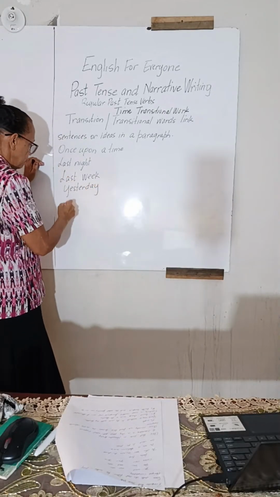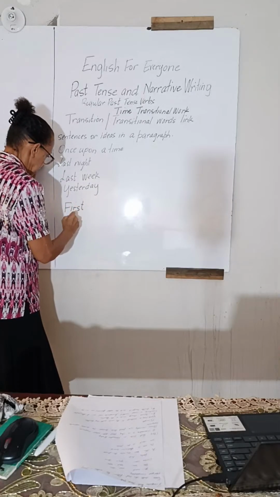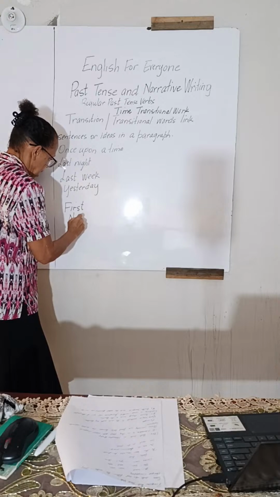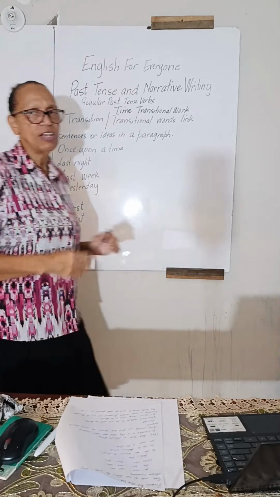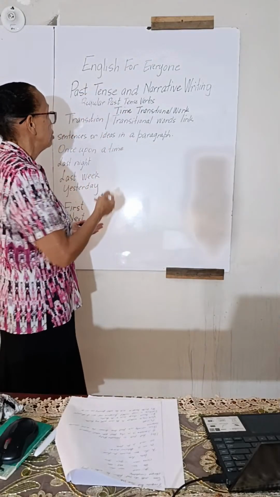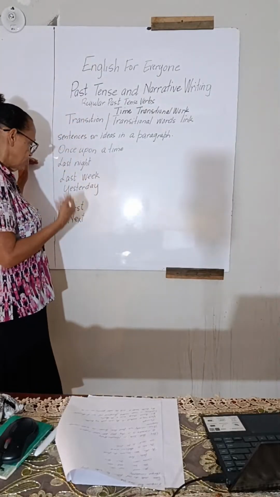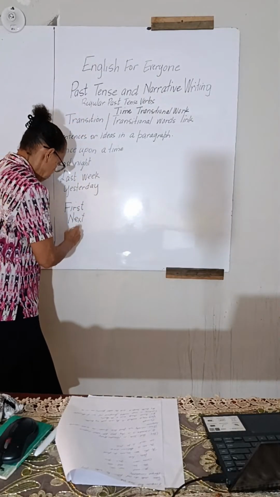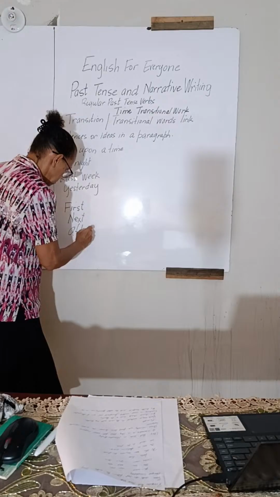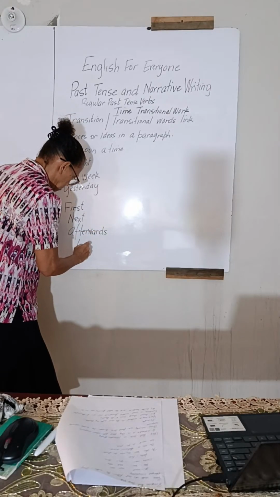Then have these now, which can go further down. First, next, after. They don't have to be just words, they can be transitional words or transitional phrases. Next, afterwards, later or sometime later.